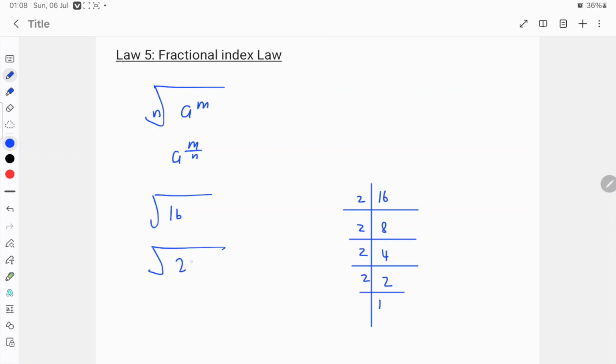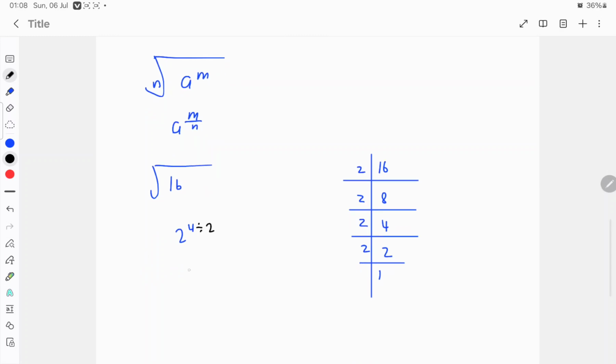So I'm going to have 2 power 4 divided by 2, but the square root must now go away. Then you have 2 power 4 divided by 2, which gives me 2 power 2, which is equal to 4. We all know that the square root of 16 is 4. Okay, that's on the law of index.